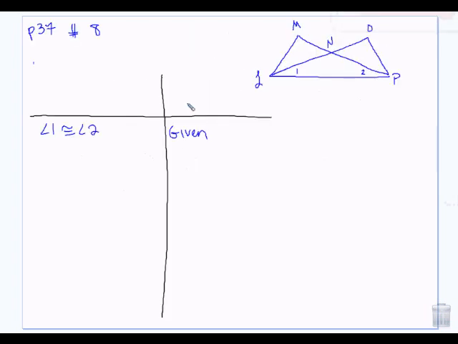So, okay, we've been given angle 1 is congruent to angle 2, and angle M is congruent to angle O. Those are both given. So I'm going to go ahead and label that. Angle 1 and angle 2 are the same, and M and O are the same. And again, with the triangles together like this, it's sort of hard to see them.